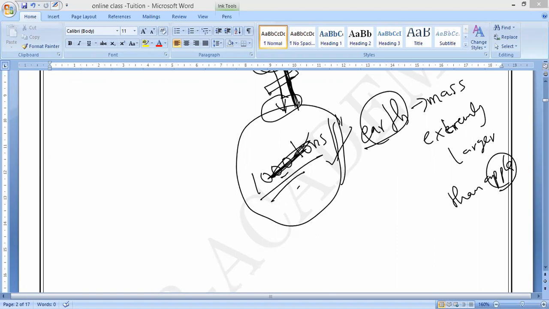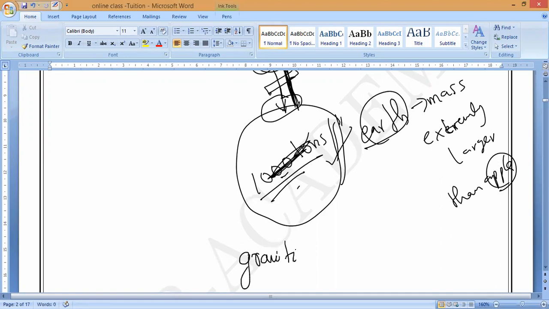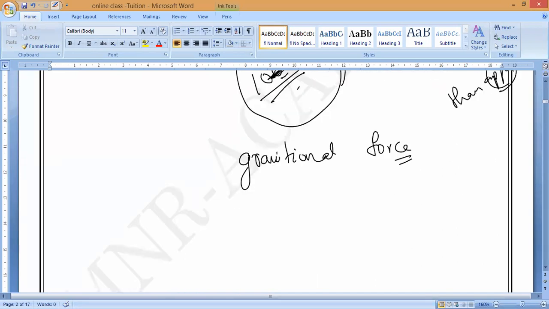Now that force is what we should call, guys. What is the common name of the force? Gravitational force. The common name is gravitational force. That force of attraction is only called gravitational force.